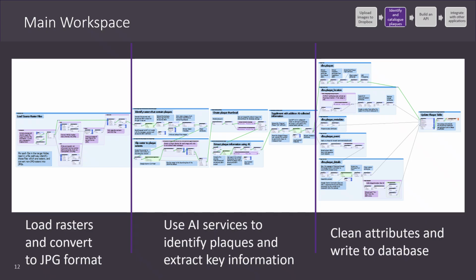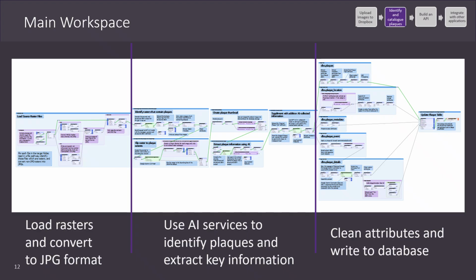This is the main workspace that's been referred to in the FME automation that you just saw. It's not too big, but there's obviously a fair bit going on here, with some typical transformations and manipulations that apply to certain data streams, but it's broken up quite well into 3 components. You've got loading in those files from the Dropbox and converting them to JPEG formats.